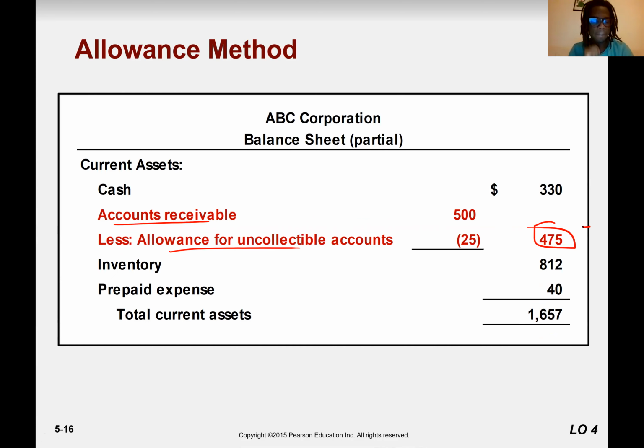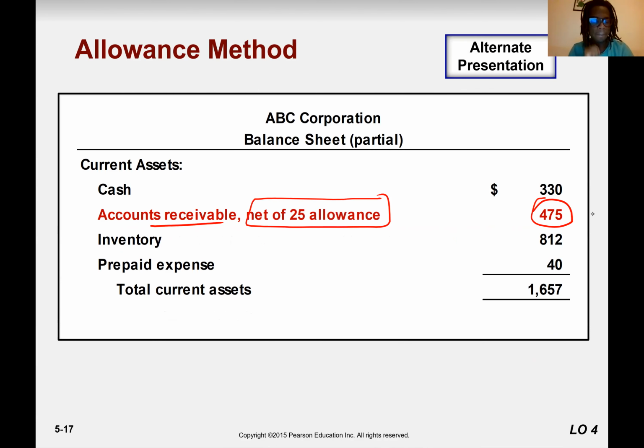But the main figure remains the same. So this is just a different presentation, how you can express it. So net of 25 allowance means allowance for uncollectible is 25 million. You added 25 here, so you can find out your sale is 500, right?